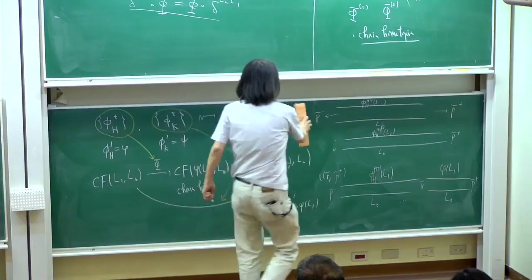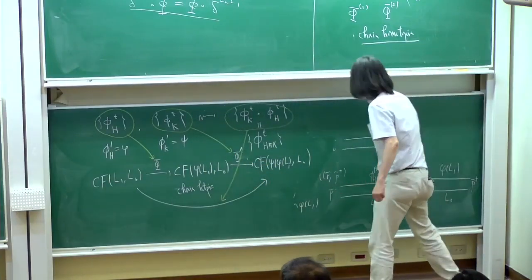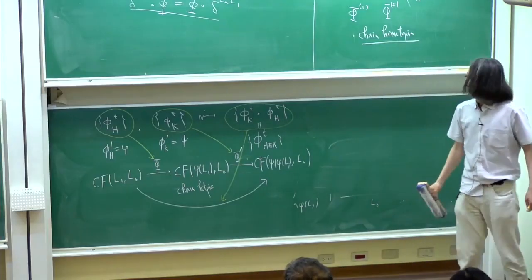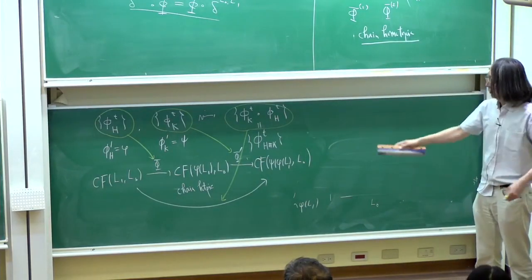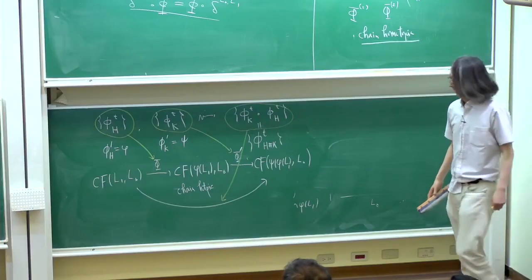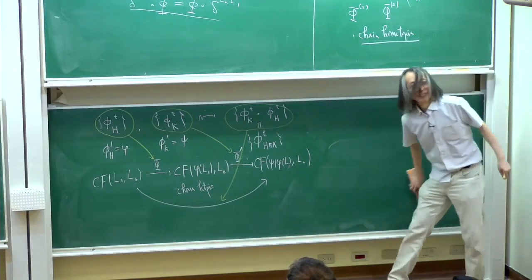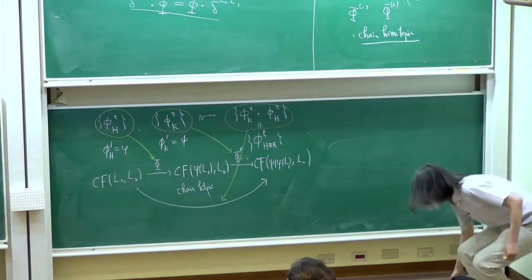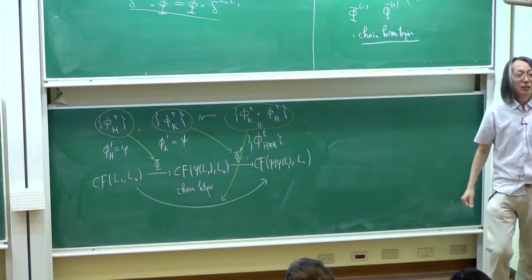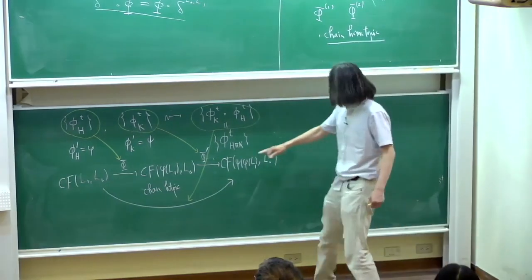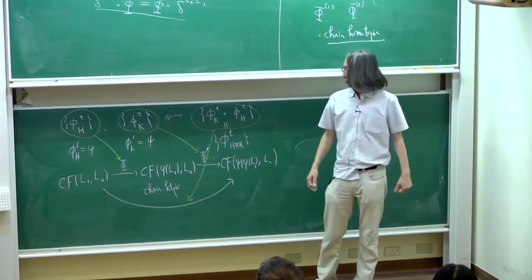And then another one is, how about the identity? No, this is chain homotopic. On cohomology certainly they agree, but not much more. I can give you the formula.